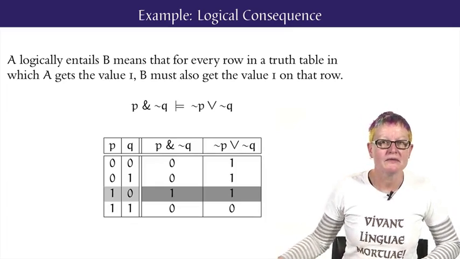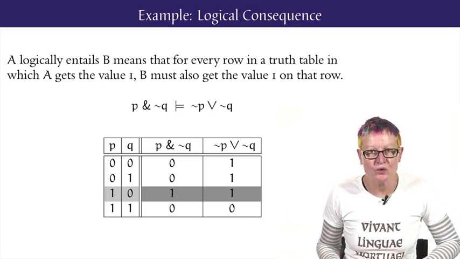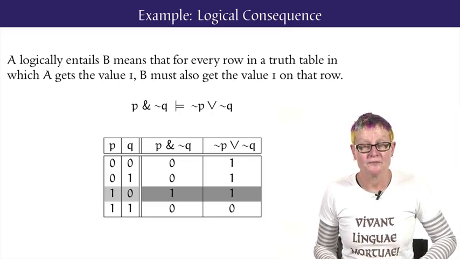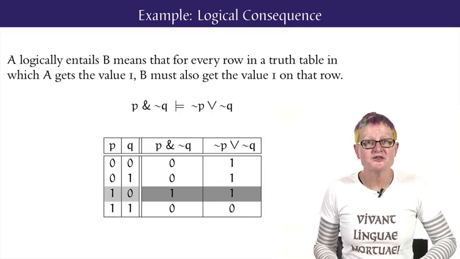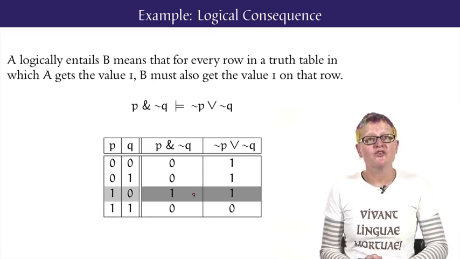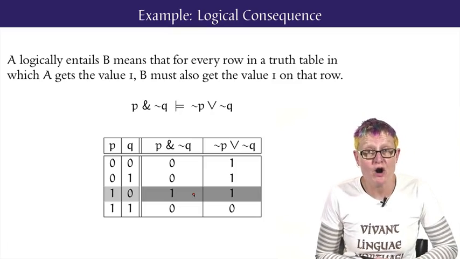For example, consider whether P and not Q logically entails not P or not Q. Of the 4 rows of the truth table, there is only one in which the first formula, P and not Q, is true, namely the third row.